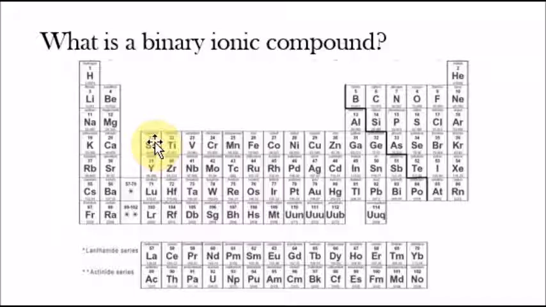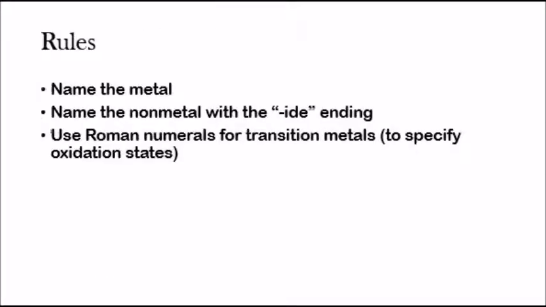Since they have more than one oxidation state, or essentially more than one charge, it's important to specify that charge. The way we do that is with Roman numerals, and I'll show you that in a few examples.